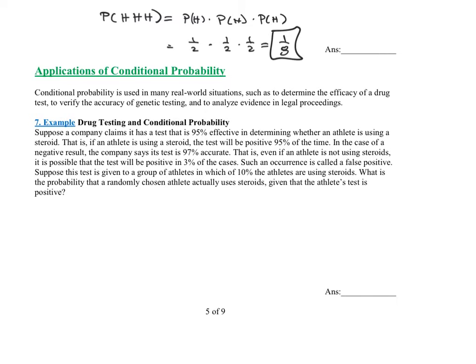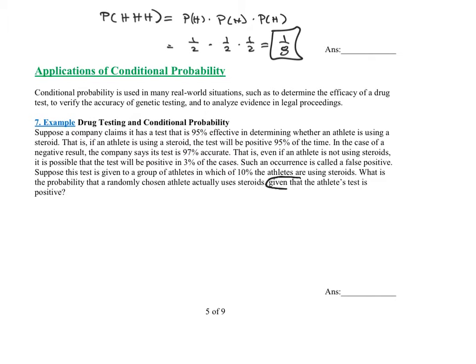That is, even if the athlete is not using steroids, it is possible that the test will be positive in 3% of the cases. Such an occurrence is called a false positive. Suppose this test is given to a group of athletes in which 10% of the athletes are using steroids. What is the probability that a randomly chosen athlete actually uses steroids given that the athlete's test score is positive?